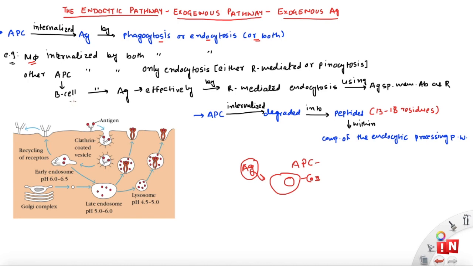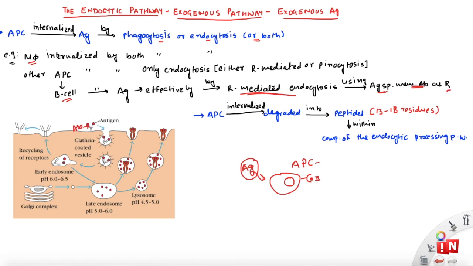But in the case of B cells, they can carry out receptor mediated endocytosis. That means endocytosis with the help of a receptor. Look over here, they will have antigen specific membrane bound antibody on their cell membrane which acts as a receptor.